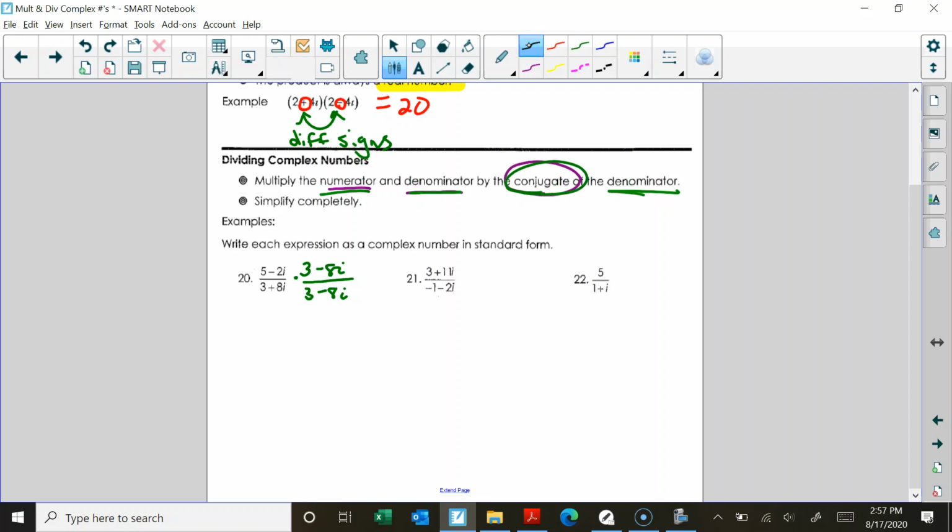All right, so this is where the understanding of multiplication comes in handy. And so if we can do this kind of quickly, it will definitely help.